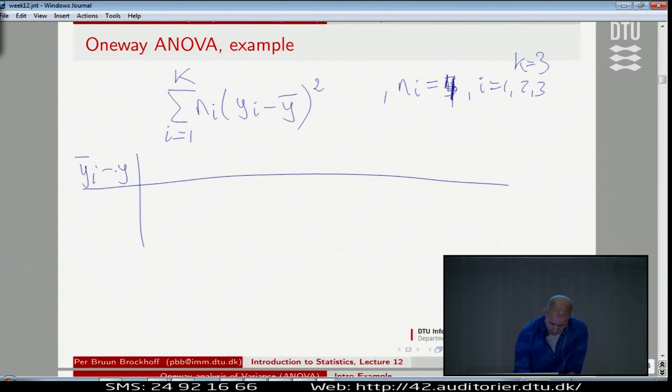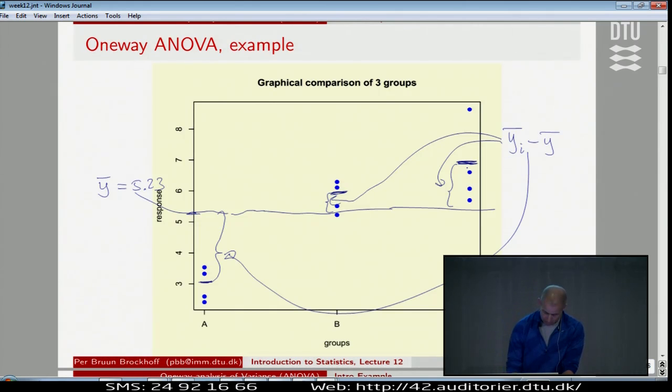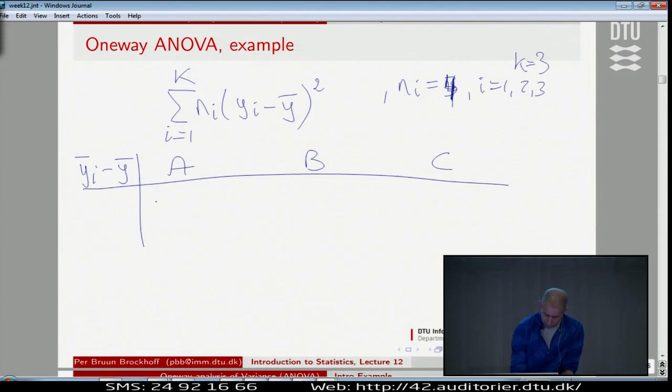Let me give you these numbers for groups A, B, and C. If we take the average of group A and subtract the overall average, I tell you, we get minus 2.208 below.